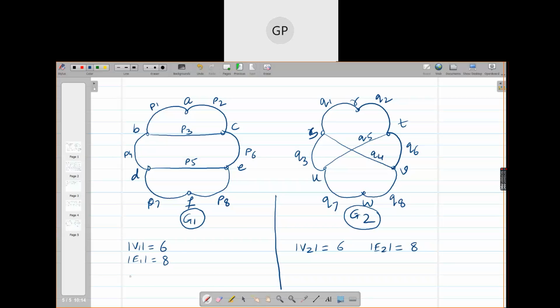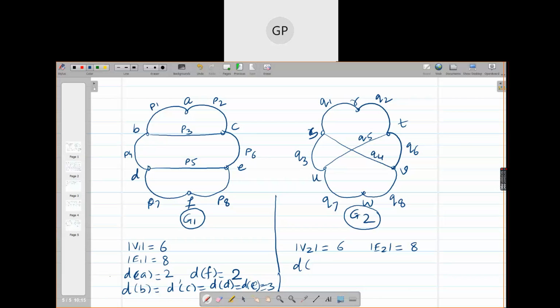So let us first list out the degree of each vertex. What is the degree of A? 2. Degree of F? 2. Degree of B is equal to degree of C is equal to degree of D is equal to degree of E, that is equal to 3.